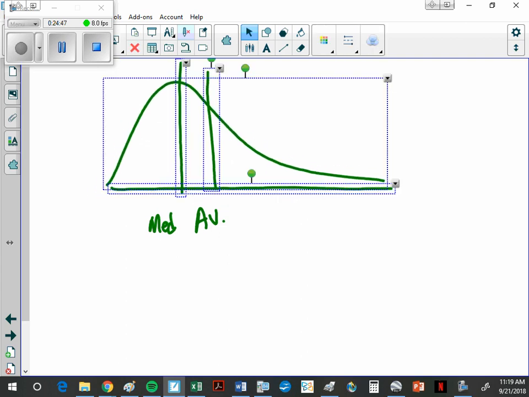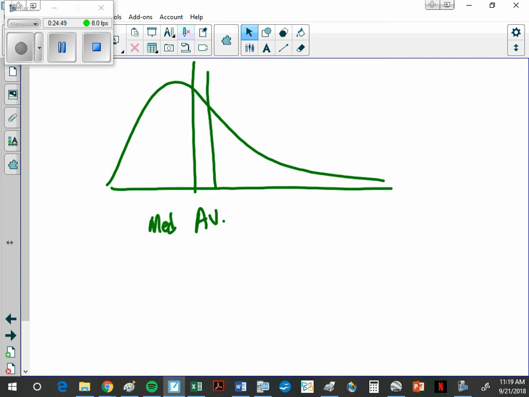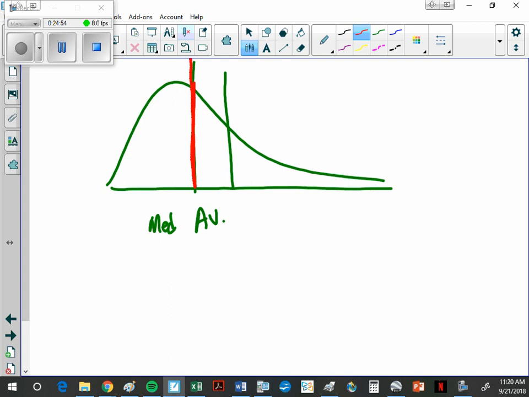Watch this. I learned this new trick. Okay. So half the area is to the left of this red line, and half the area is to the right. Now, what about the average? What does that tell me? It's the middle of the weight. Okay, and why are the median and the average in different places?